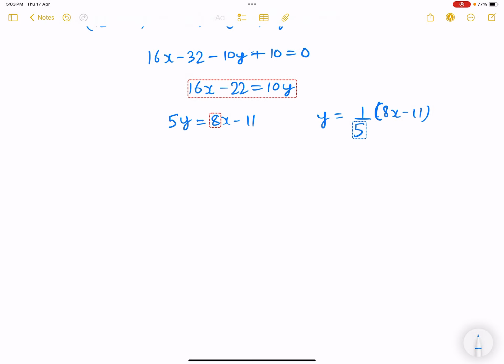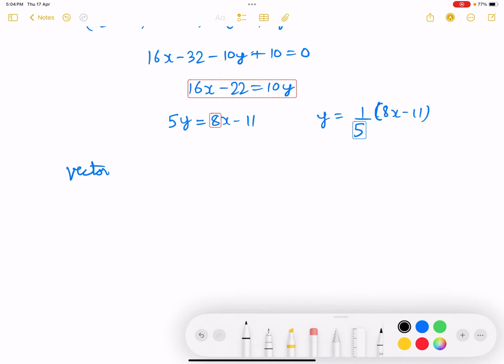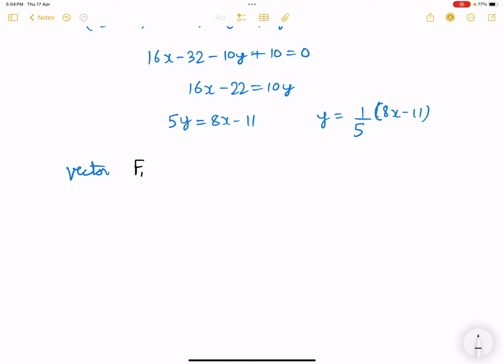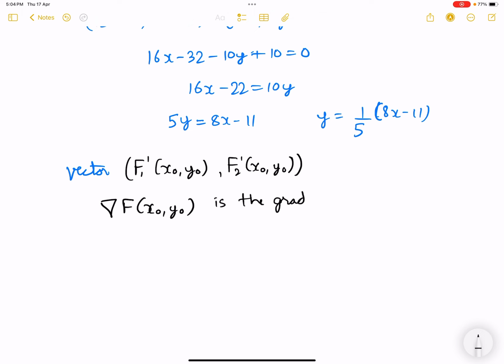Now the thing is, this vector (f1 dash (x naught, y naught), f2 dash (x naught, y naught)) is also denoted by, it is the gradient of f(x, y) at (x naught, y naught).